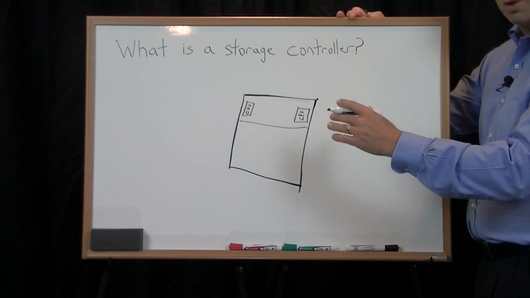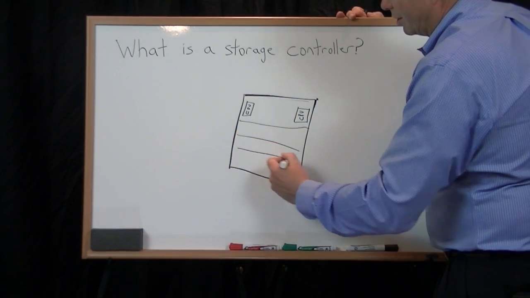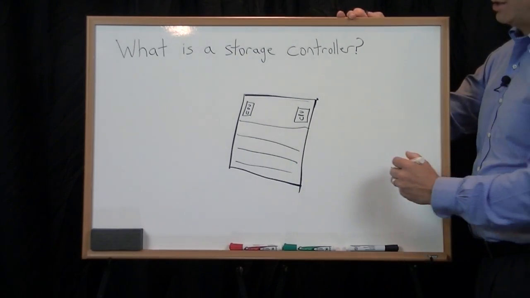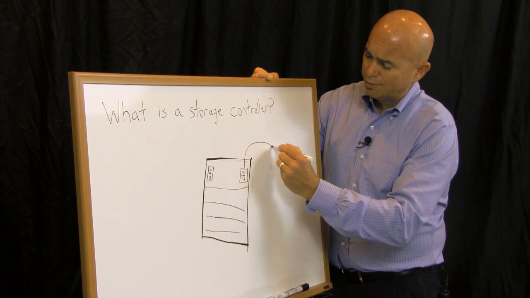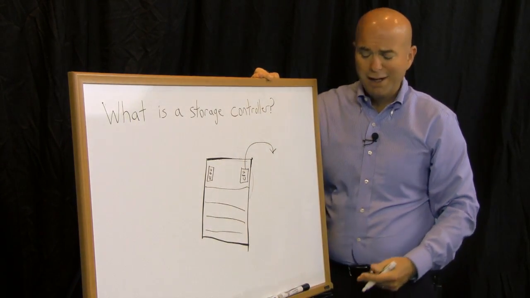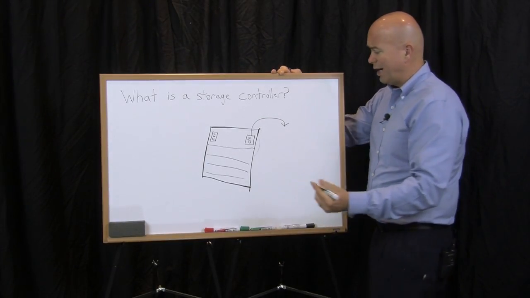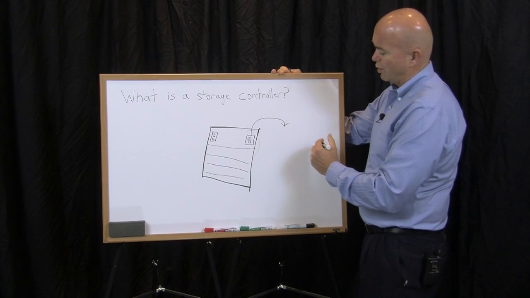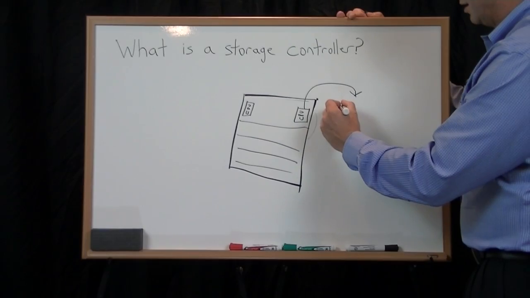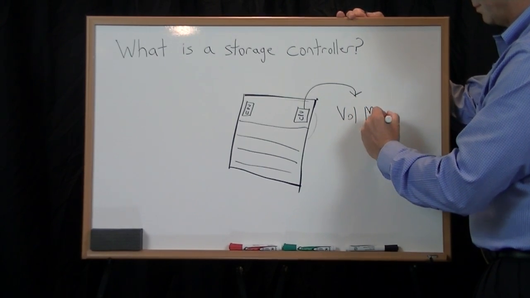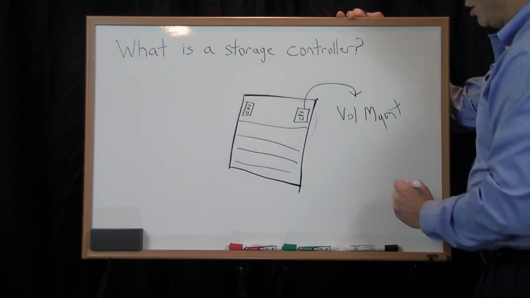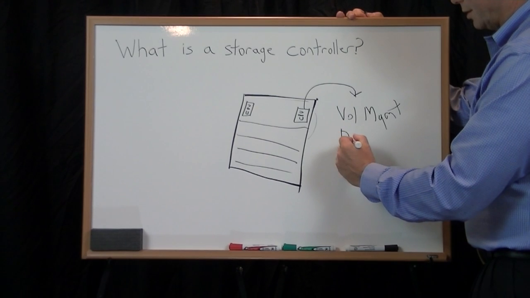They can be multi-core and things like that. And then there's a series of disk shelves that attach into that. The controller does all kinds of different things. In the early days of RAID and external volumes, primarily what it did is some level of volume management and also typically RAID.